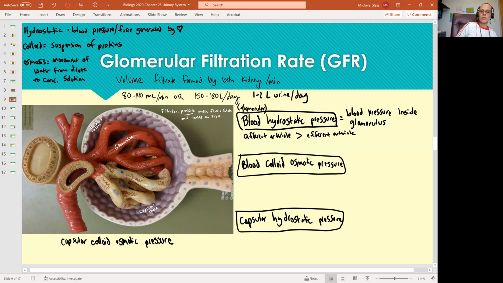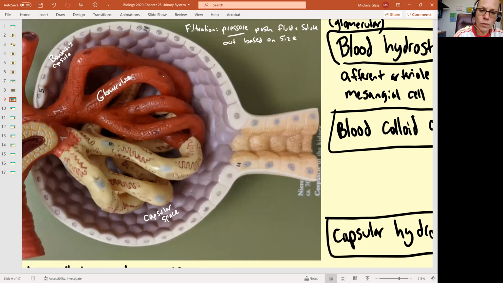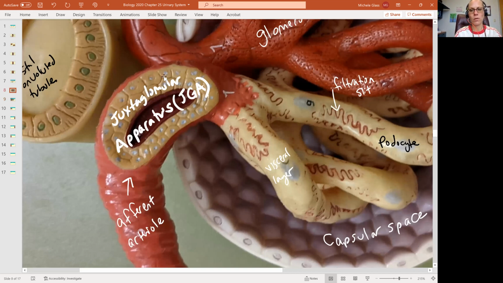So if you have a big opening and then the exit is smaller, you're building up pressure in the system, you're backing it up. And then we also have the role of the mesangial cell, which can help with this constriction as needed. So we're going to see what we can call the blood hydrostatic pressure really being the force for filtration.